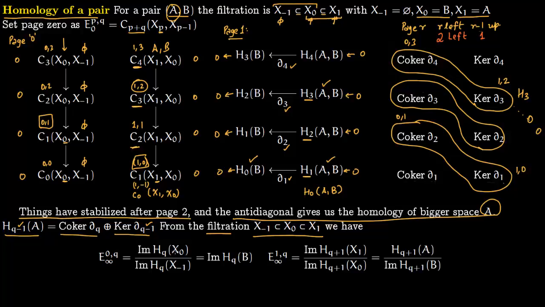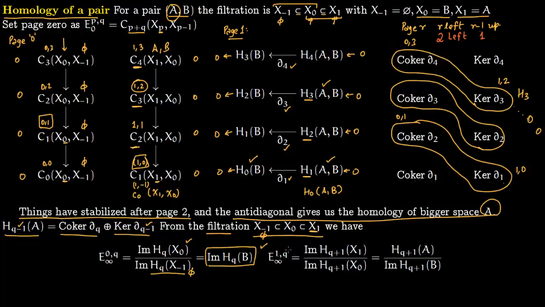This image of H_q(X_0) is precisely, as we talked about before, how H_q(X_0) sits inside X_1, and this is how H_q(X_{-1}) sits inside X_1 again. Now X_{-1} is just a null set, so you don't have to worry about it. And X_0 you have set as B, so this is the image of H_q(B). We keep this in mind.